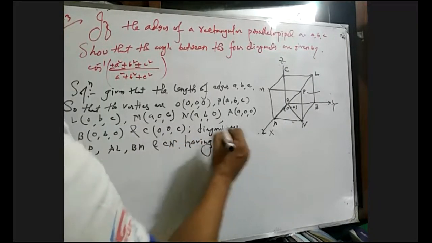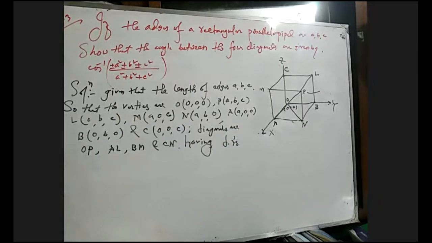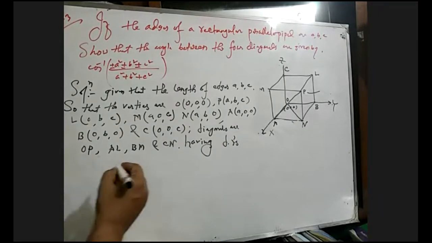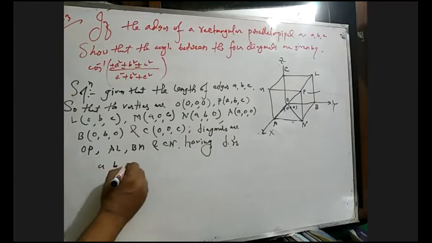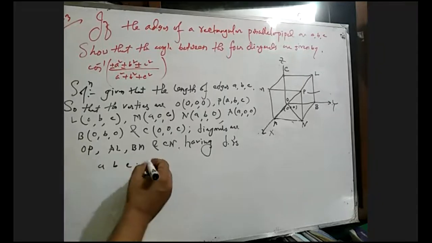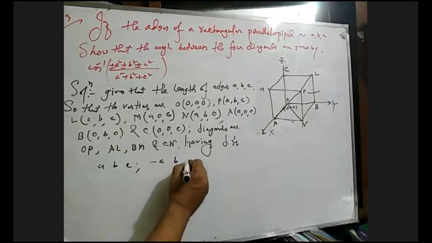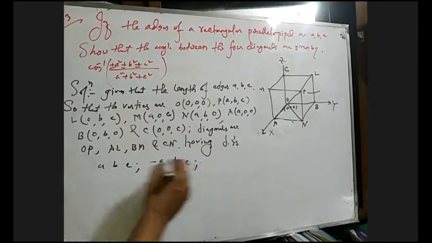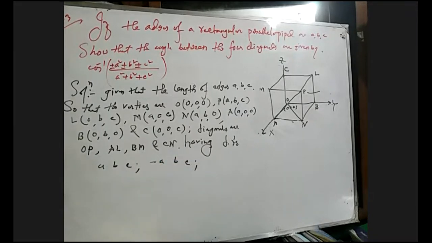The first diagonal's direction ratios are a, b, c; the second diagonal's are minus a, b, c; the third diagonal's are a, minus b, c.